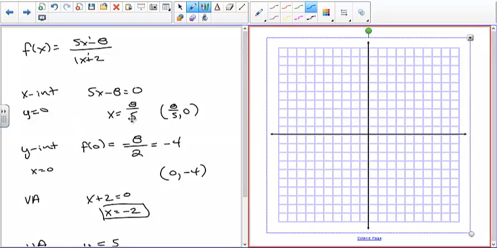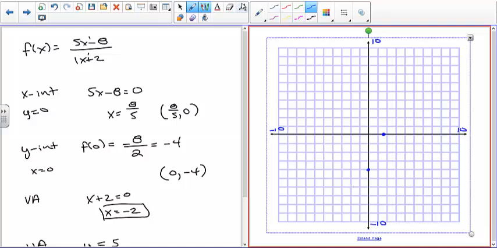So we have our x-intercept, and let's make sure we label our graph. So it's 8/5, so that's 1.6. There's your x-intercept. Here's my y-intercept right down here, -4.